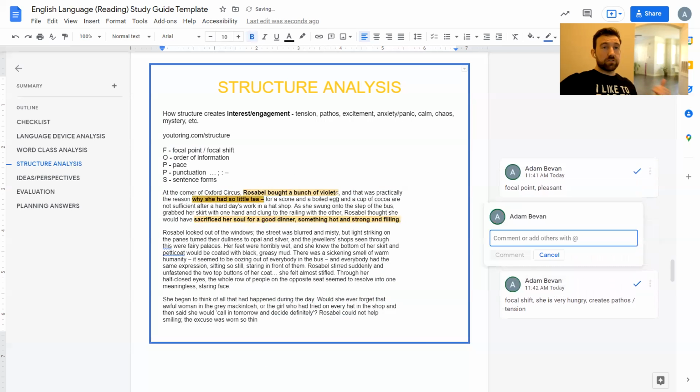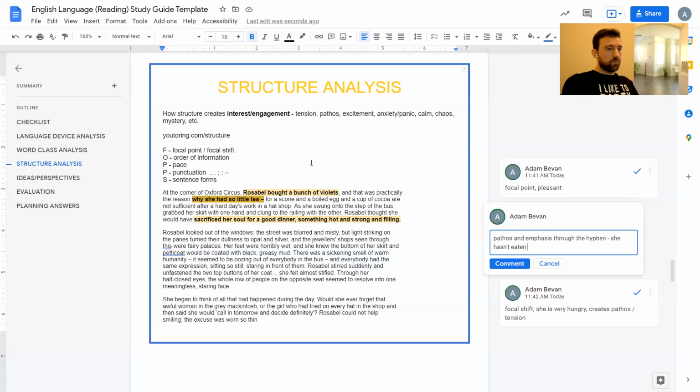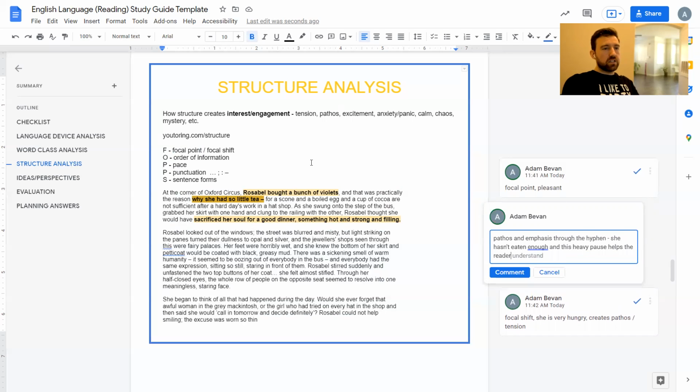And as we've talked about, heavier punctuation like hyphens, which is quite a long pause, are usually there to create some sort of emphasis on something near the hyphen or whatever the piece of punctuation is. So the fact she had so little tea, this reinforces that pathos and emphasis through the hyphen. She hasn't eaten enough. And this heavy pause helps the reader to really notice that.